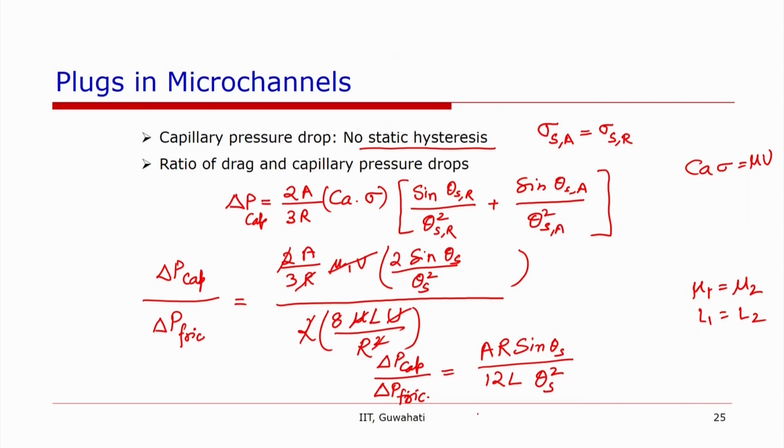If theta S is equal to, let us say, pi by 2, then this number will be AR by 12 L pi by 2 squared, where A is 94, so one can estimate this number, and one will find that these forces are quite equivalent at a certain ratio of L by R. Similarly, one can estimate the magnitude when considering static hysteresis.